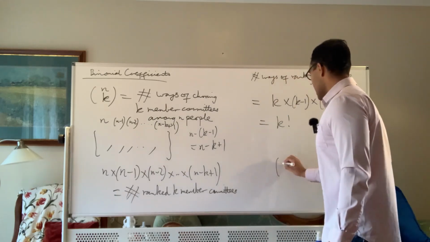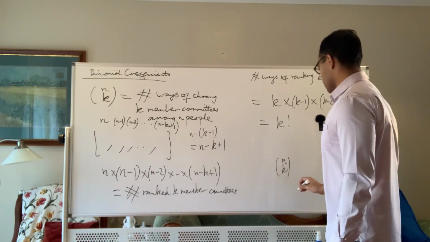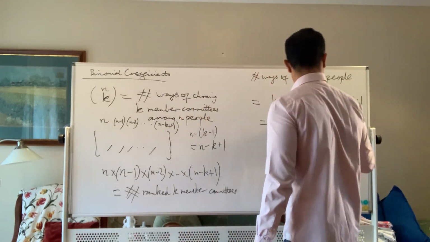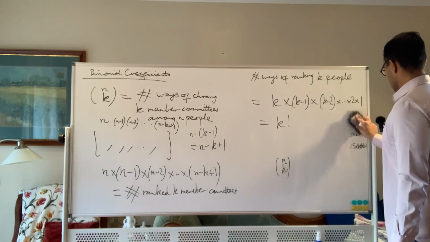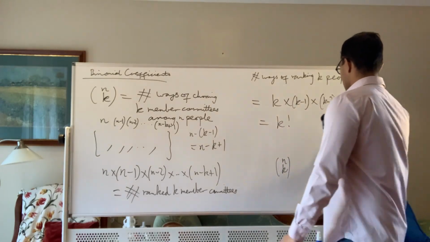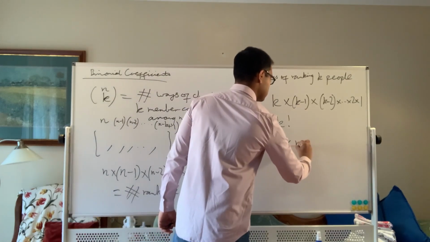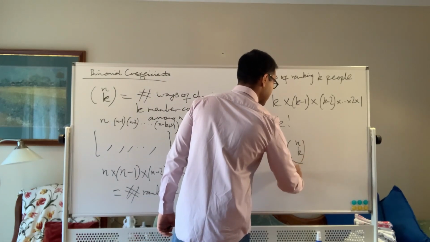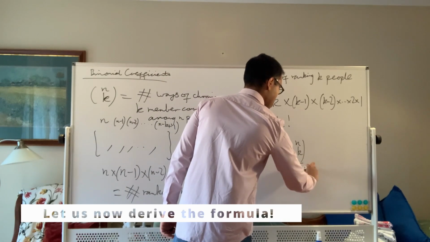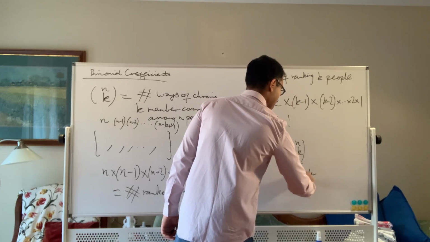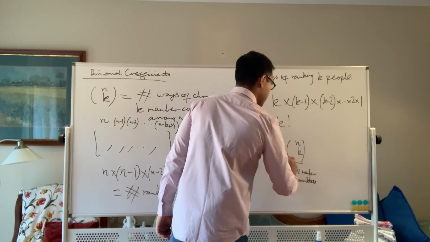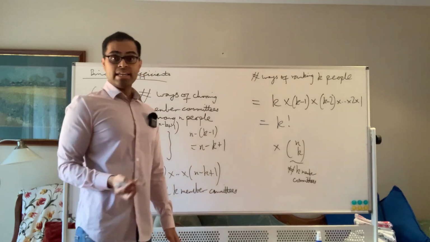n choose k, which is the number of k member committees, and I'm going to erase this from here. So n choose k is the number of k member committees times the number of ways of ranking a k member committee.